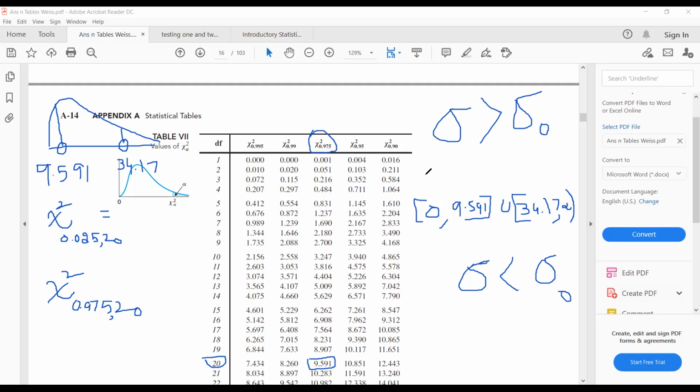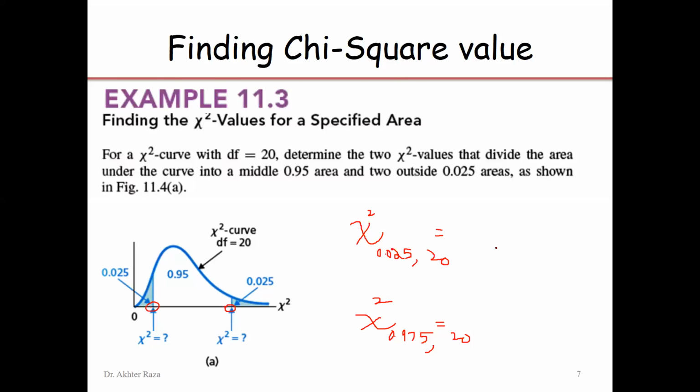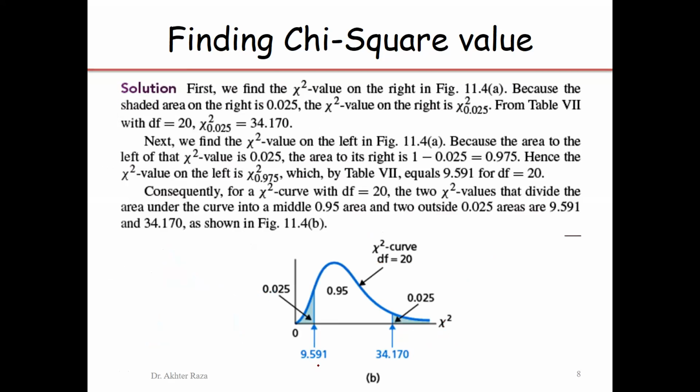If we reject the null hypothesis by the right interval, the final conclusion will be that the population standard deviation is larger than sigma naught. So 9.591 is the value of the left critical point, and 34.170 is the value of the right critical point.